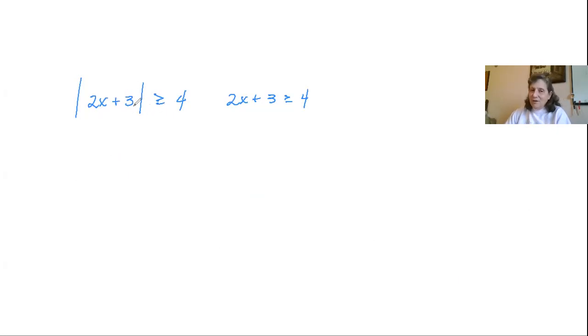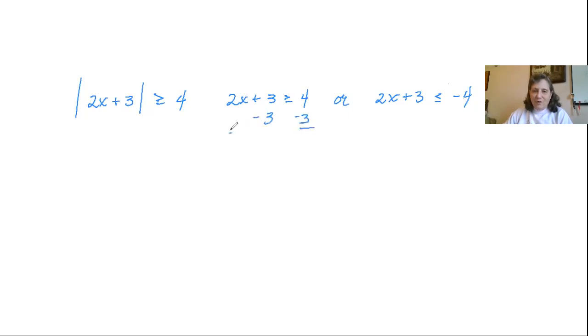That's because if 2x plus 3 is positive, then the absolute value doesn't do anything. The negative, when you put 2x plus 3 and you put the -4, is going to have the other sign. So 2x plus 3 is bigger than or equal to +4 or smaller than or equal to -4.